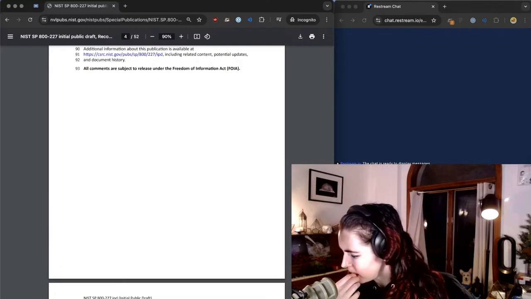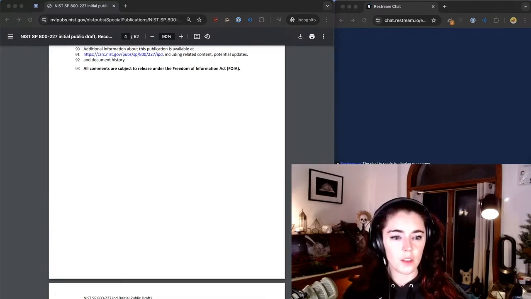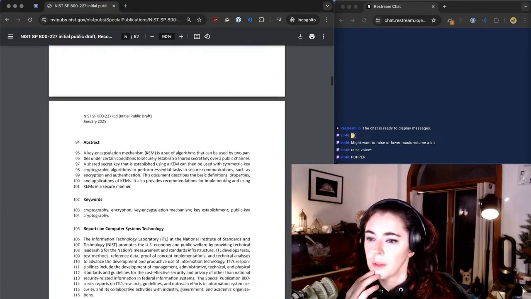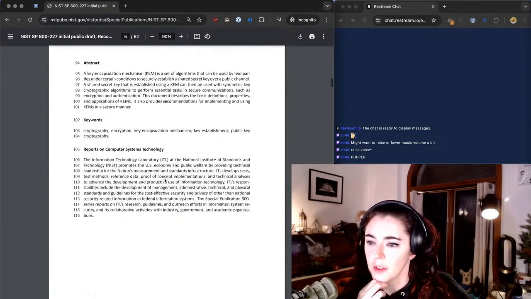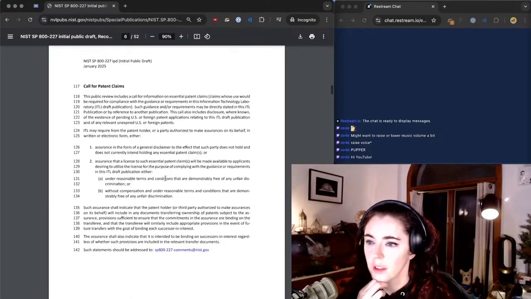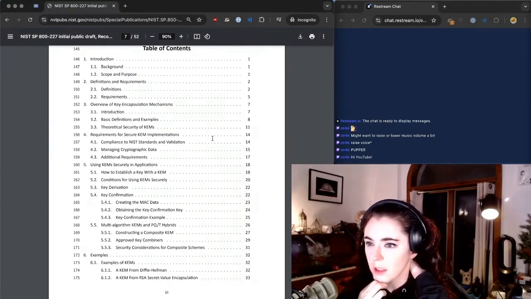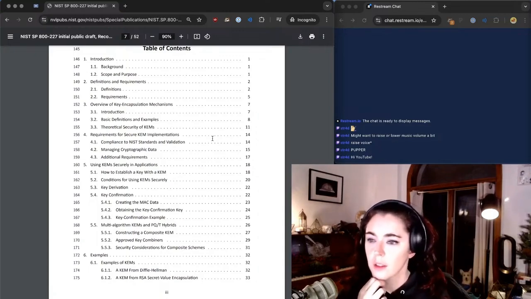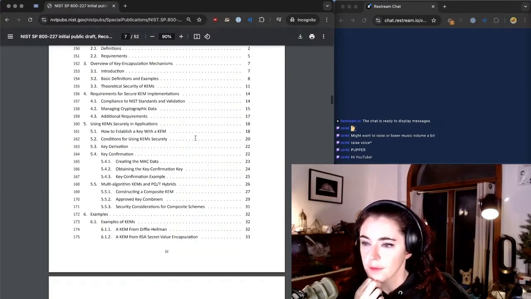I'm gonna move some things around. Let's see. Oh, is that why things are weird? Yep. KEM shared secret. This chart describes basic definition, properties, application, and kind of recommendations to implement these in a secure manner. Okay, patent stuff. Who cares? Blah blah. Review theoretical security requirements, compliance, cryptographic data, key establishment.